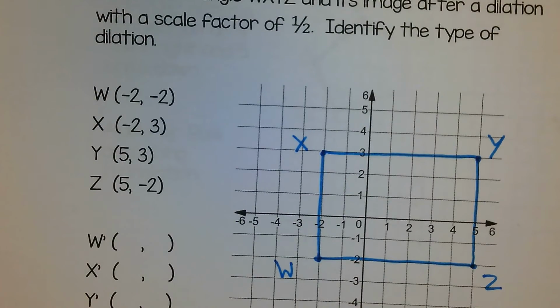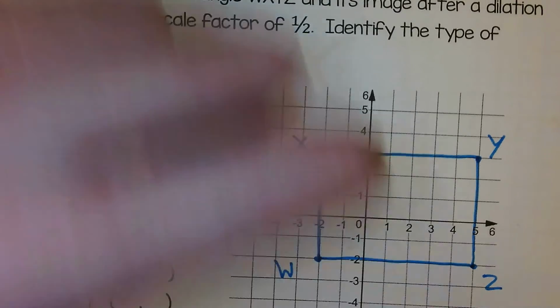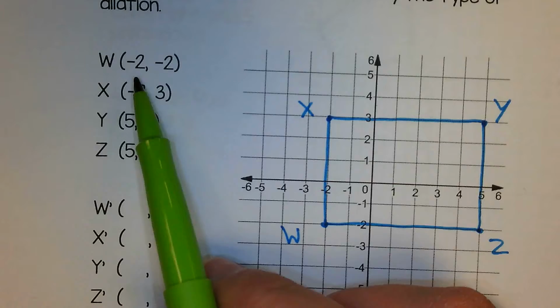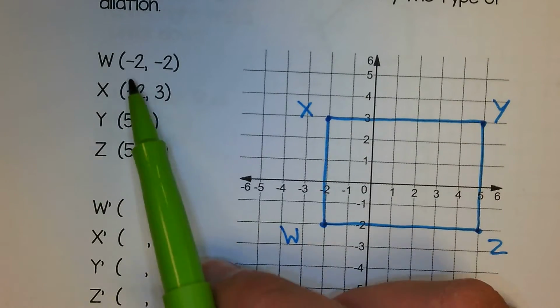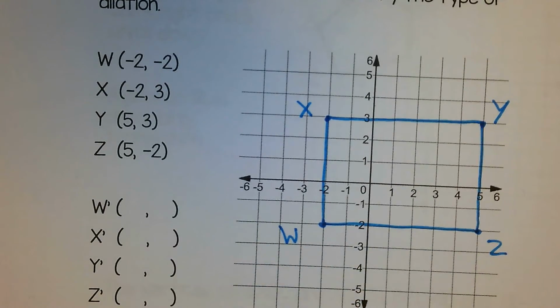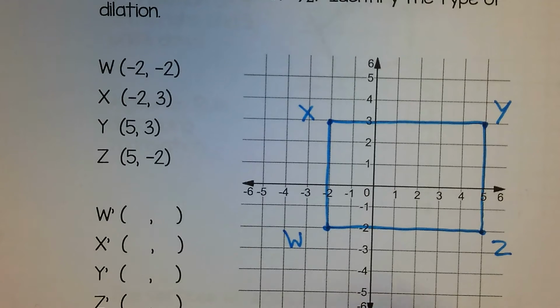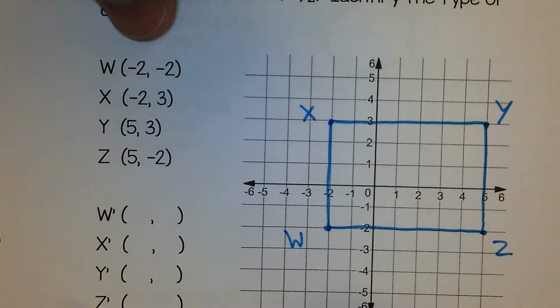Alright, and we're going to transform those by a scale factor of 1/2. So all we're going to do is take every single point value here and multiply it by 1/2, or 0.5, because that's the decimal version of 1/2.